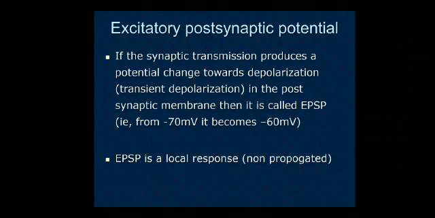Usually the resting membrane potential of the soma of the postsynaptic neuron will be around -65 to -70. When it goes towards positive, it will be around 10 to 20 millivolts towards positive. That is called excitatory postsynaptic potential, and this is a local response because it cannot generate an action potential.